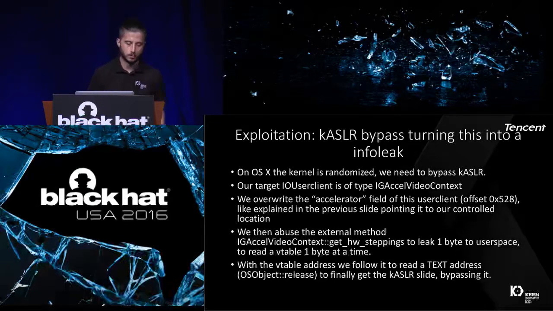Remember this number because we will use it again. And we'll point it to our controlled location. And then we abuse this external method, get hardware settings, to leak 1 byte at a time to user space. First we read the vtable, and then we follow this vtable to read the OSObject release address. In this way we can obtain the KASLR slide.